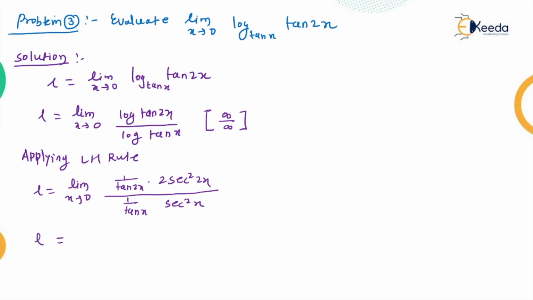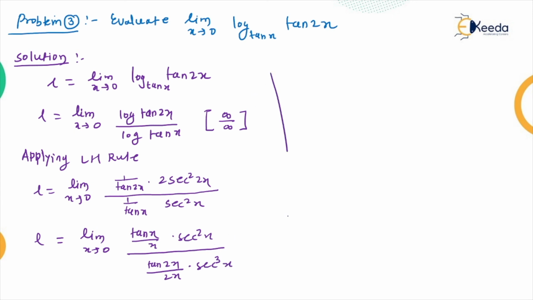So by taking the adjustment, limit as x tends to 0 of tan x upon x into sec square x, divided by tan 2x upon 2x into sec square x. This adjustment is there only, and we use a standard result.